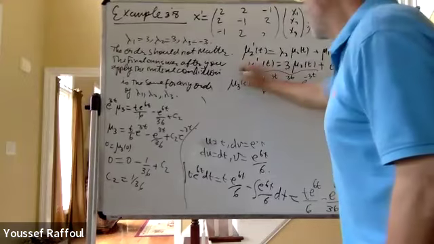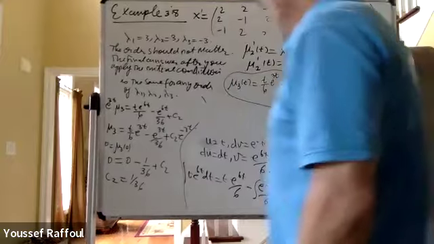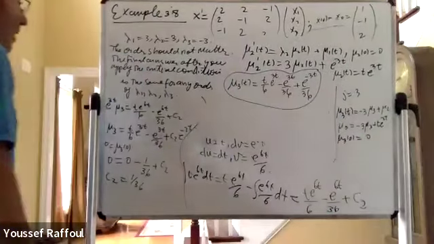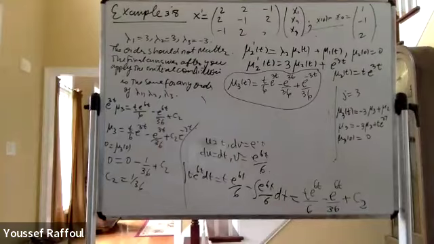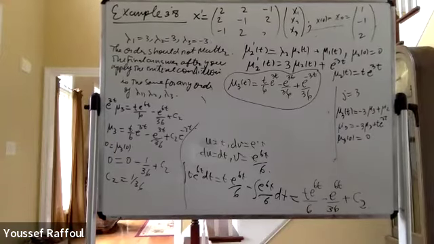There we go. Okay? So now I have mu1, mu2, and mu3.